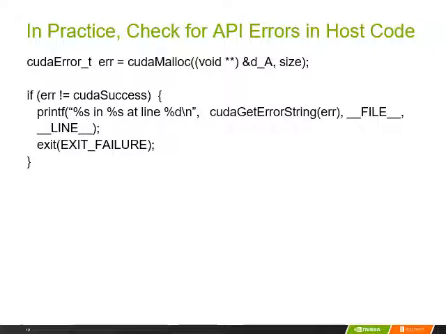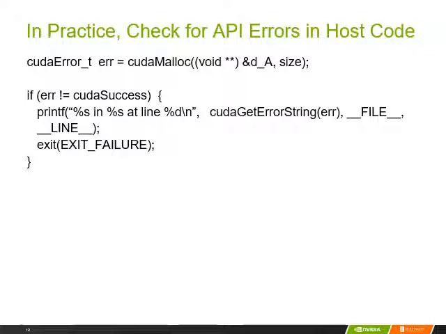And it can also call a function called cudaGetErrorString, where the error code can be used to look up a string that has some explanation of the nature of the error. So this would give you a much better indication of where the error happened and what type of error happened.